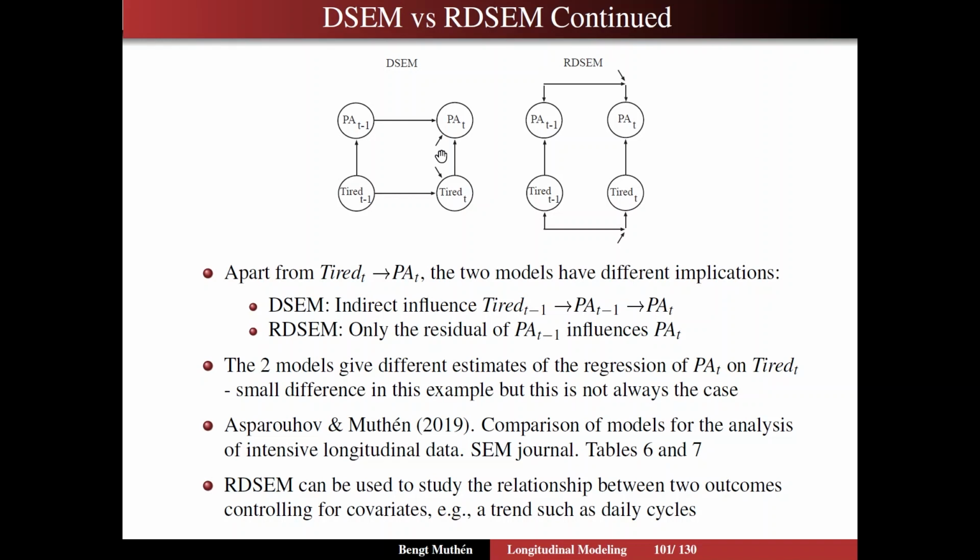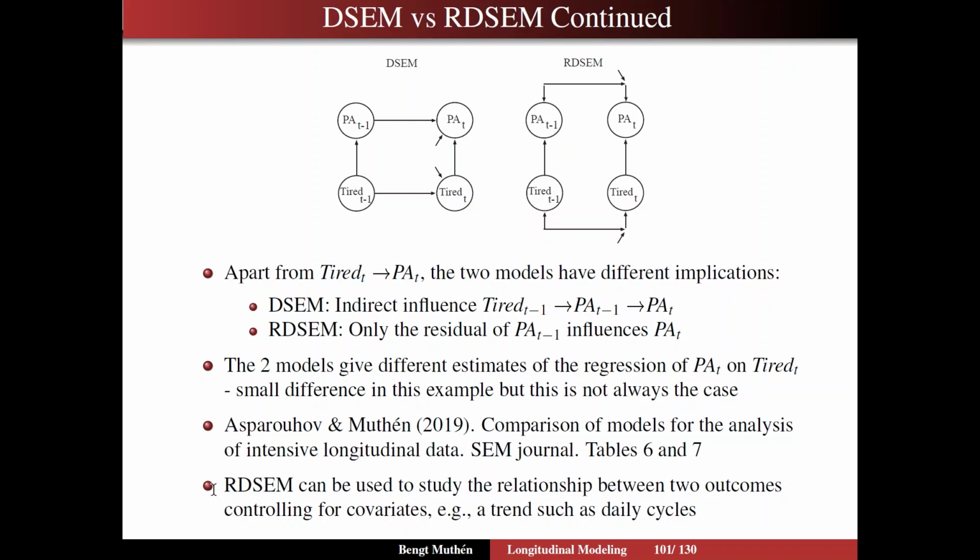So the conclusion in those tables is that this is necessary to include for both DSEM and RDSEM to get correct estimates and standard errors, if you have missing data or if you have a contextual effect, that is the within regression being different than the between regression. So I recommend that paper.